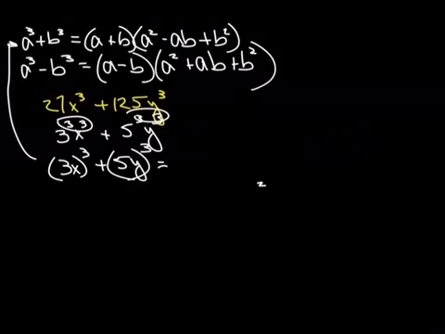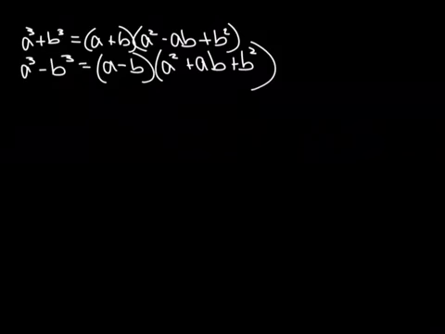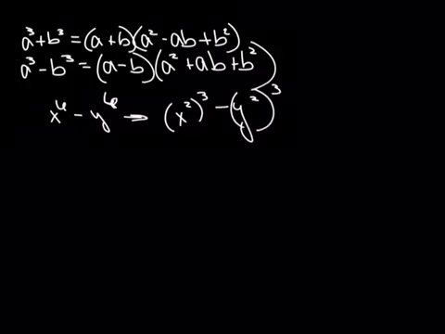If I can get all this other stuff erased. Okay, so 14. x to the 6th minus y to the 6th. Okay, so remember, we have to make it in this format. We need cubes up there. So see what I did?